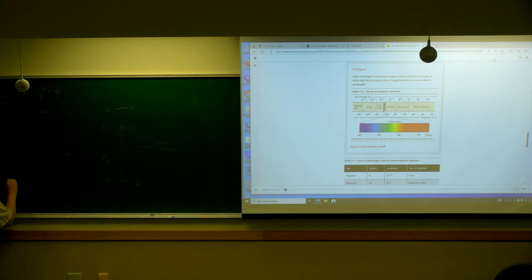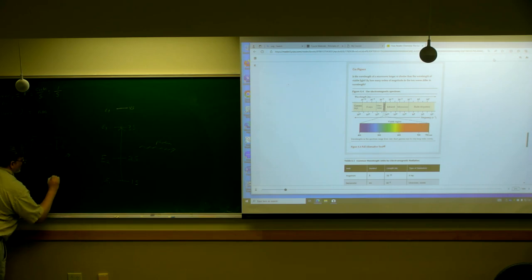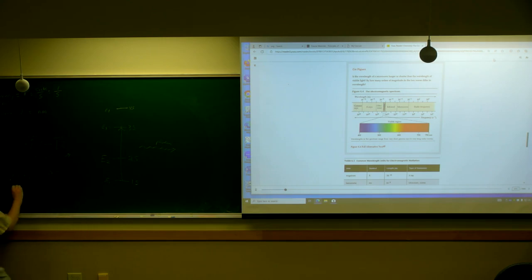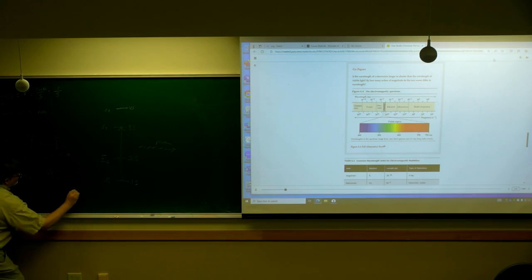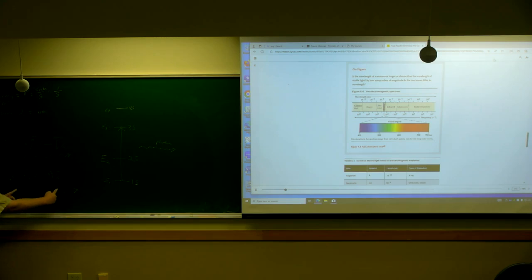But a lower energy, relatively, and a lower frequency means longer wavelength. And if I wanted to draw a picture of that, this is what I mean. So peak to peak, there's your long wavelength.